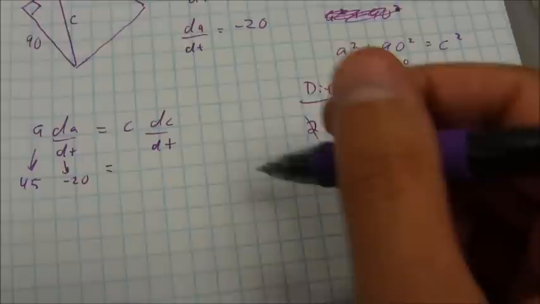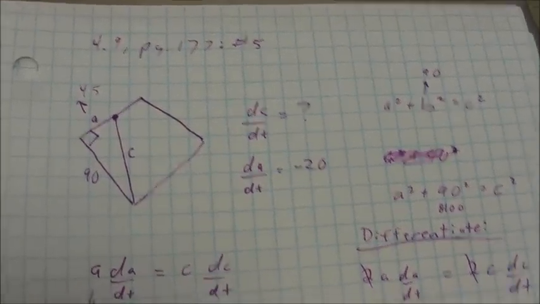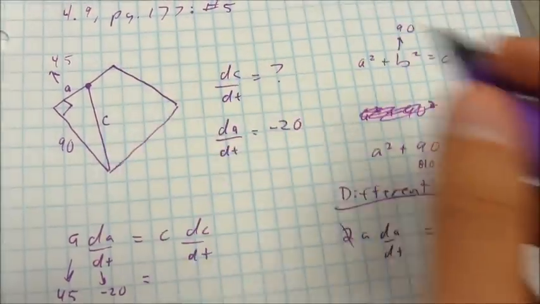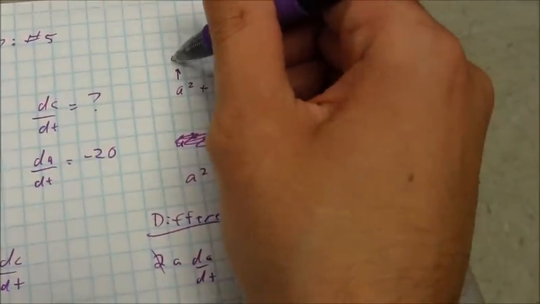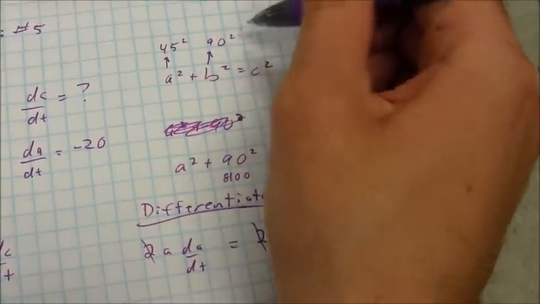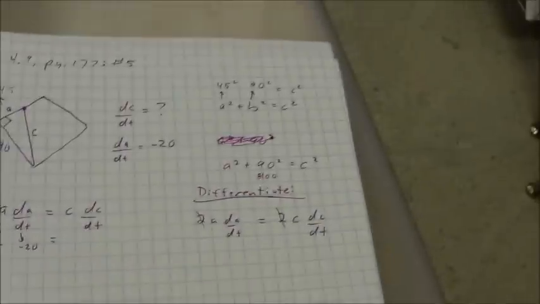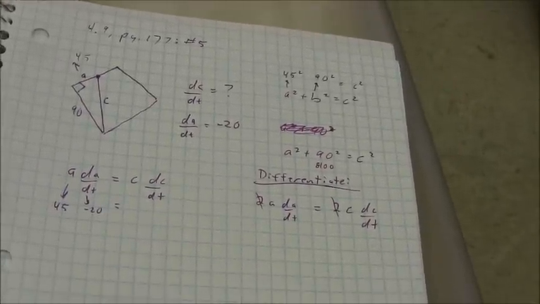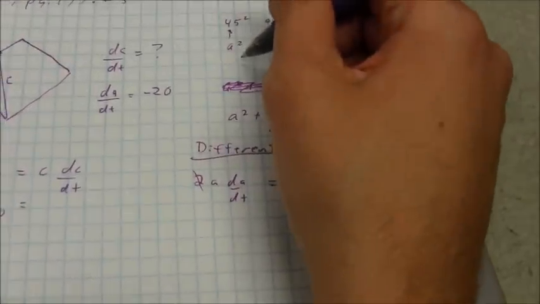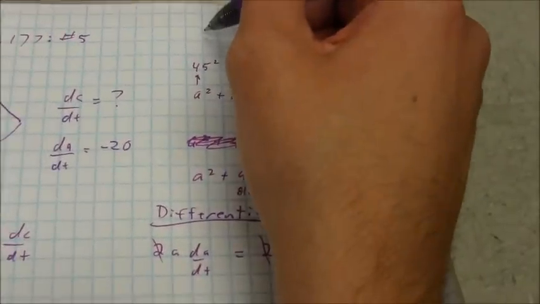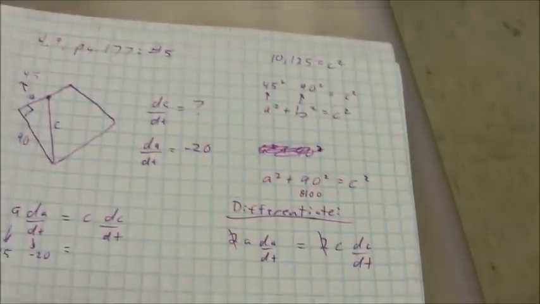Now, I'm going to have to find C. Well, notice I have a right triangle which at the moment has a side length of 45 and a side length of 90. So I'm going to take that and substitute it into the Pythagorean theorem. I'm going to have 45 squared plus 90 squared is equal to C squared. That's equal to 10,125 equals C squared.